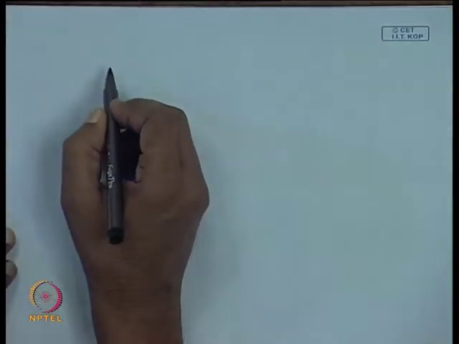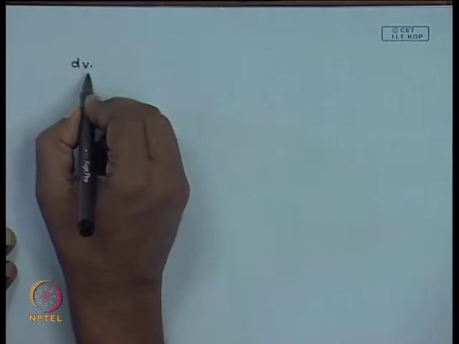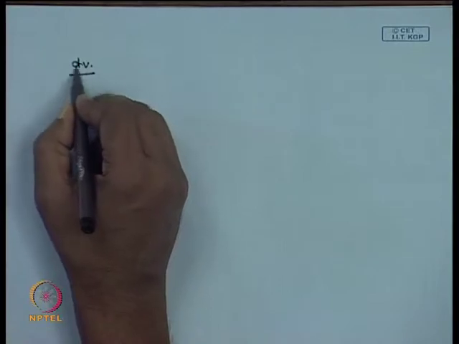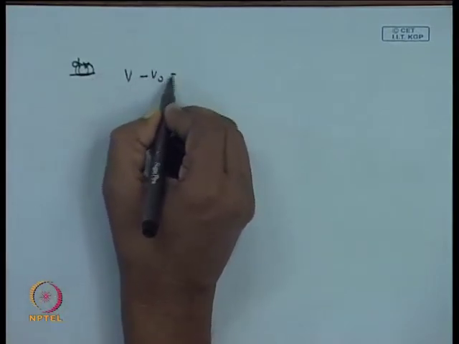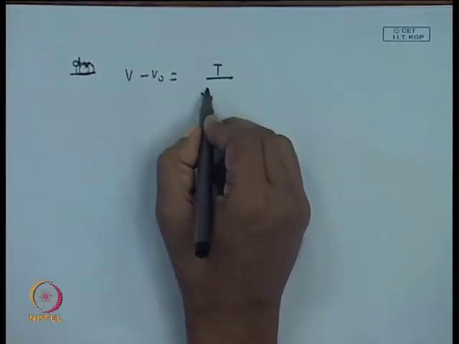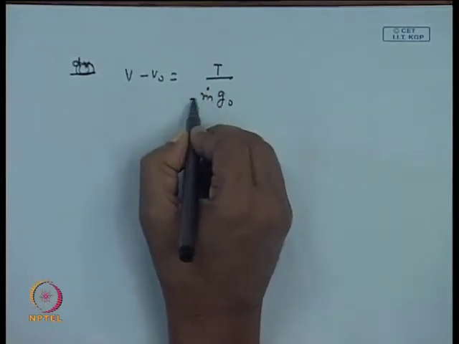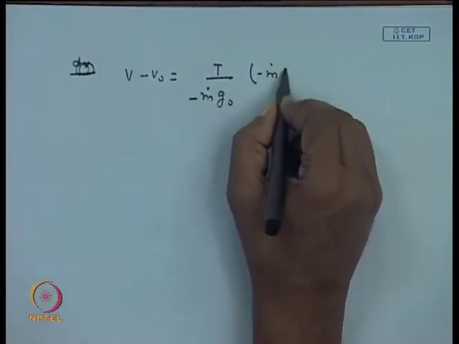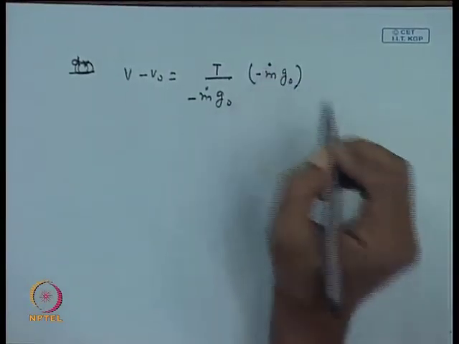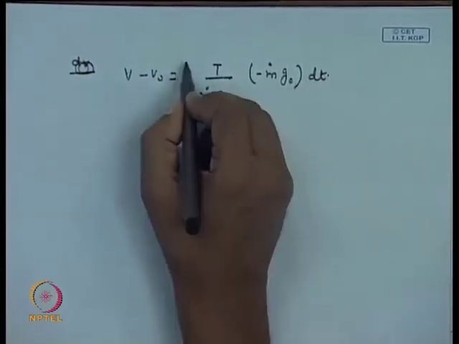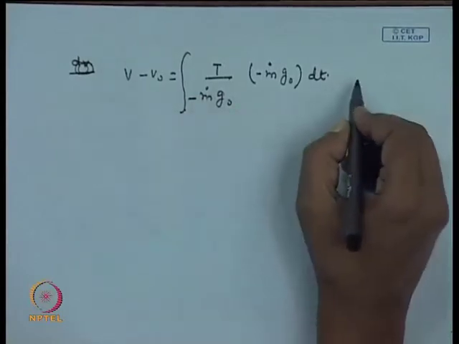So, using the specific impulse, we can write this equation of the dV. V minus V_0 is equal to T divided by m dot z_0. We have put a minus sign here and we multiply by m dot g_0 and then dt in this place, and this is to be integrated.